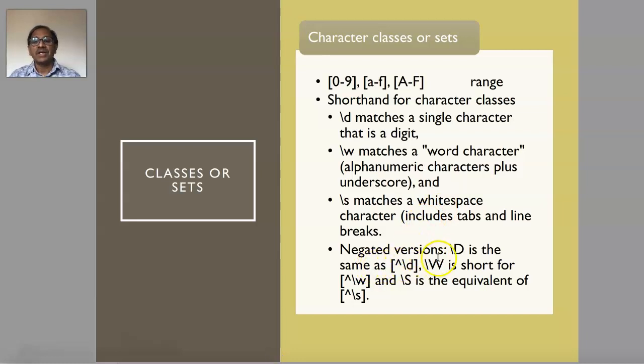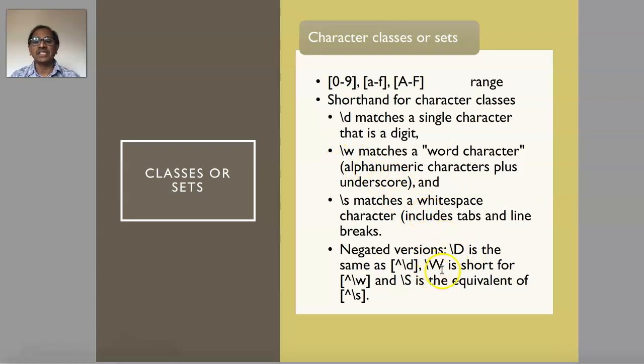And capital D, backslash D, means not backslash d. The caret represents negation here, right? That means it doesn't match digits. It will match all alphabetical characters, so it is possibly equal to backslash w.